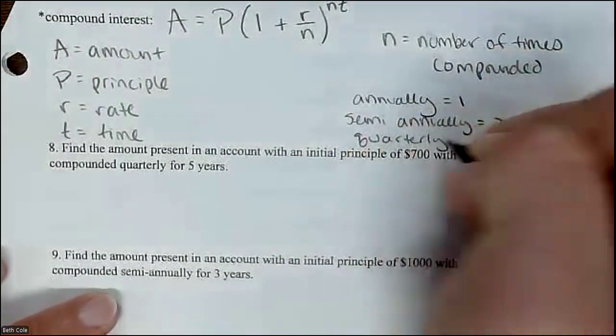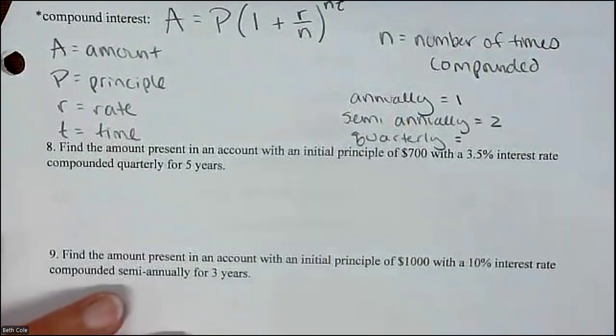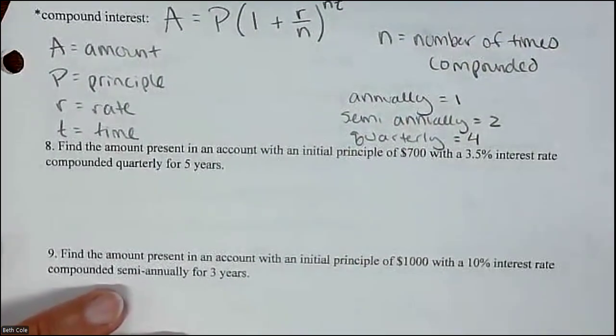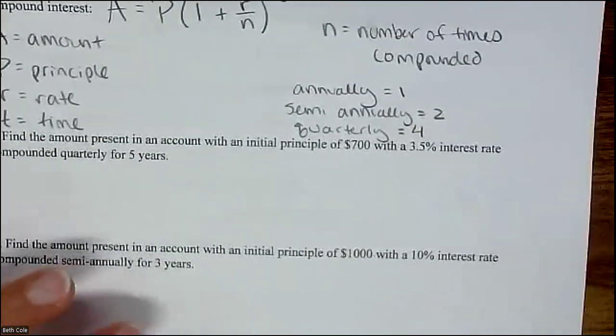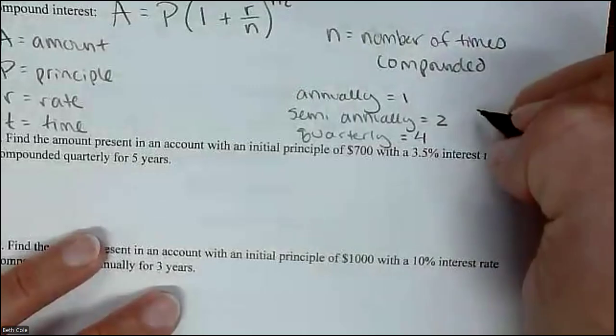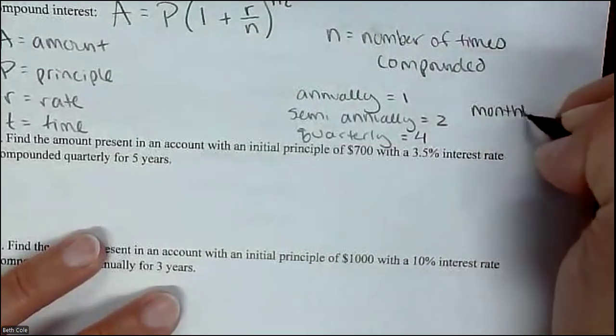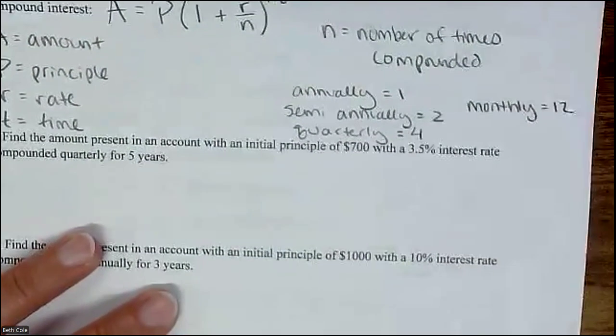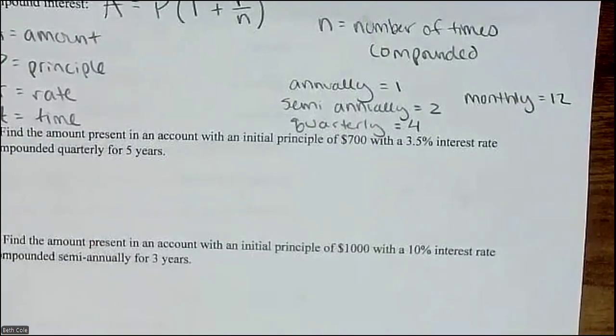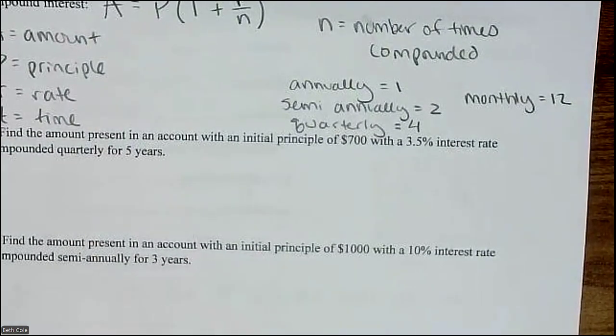Quarterly, what do you think that means? Is 4. I ran out of space. The other one, I wish I could have put that underneath there. It's going to bother me that it's off to the side. Monthly would mean 12. Daily, I guess, would be 365. I've never seen that one, though. So those are the ones that you need to know.